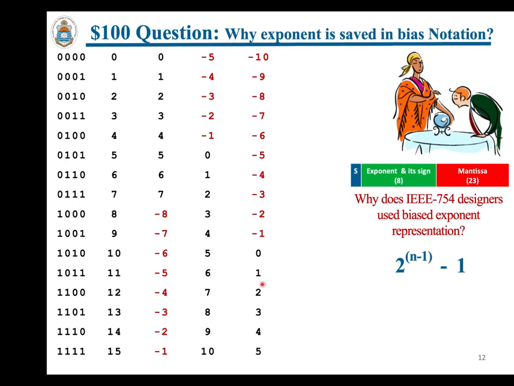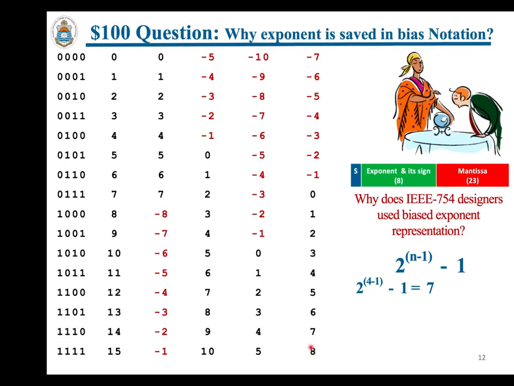Well, the IEEE 754 designers used this formula for the bias. In this scenario where we are using 4 bits to store the exponent, the bias is 7. And the range of exponent values that can be stored this way is from minus 7 to plus 8.